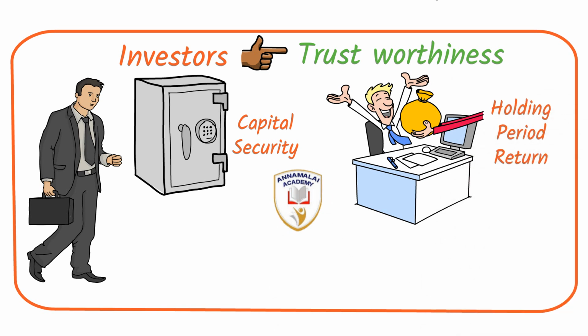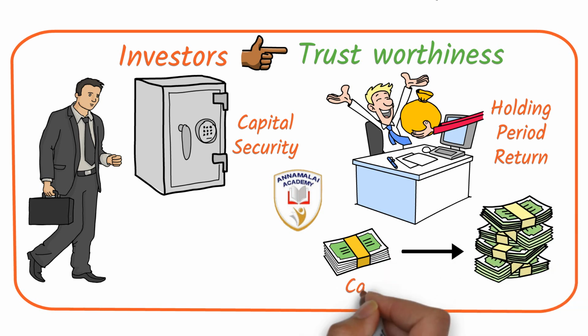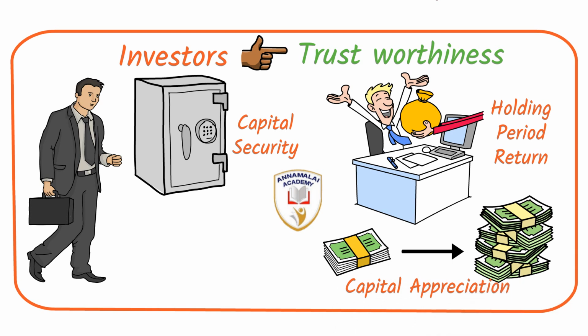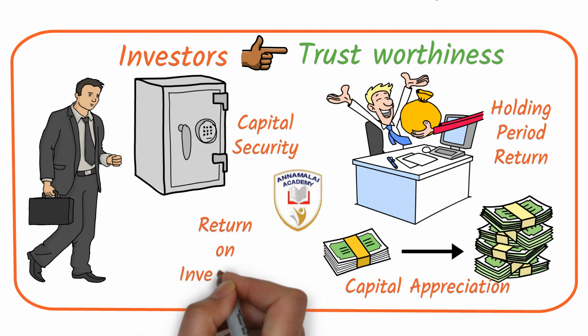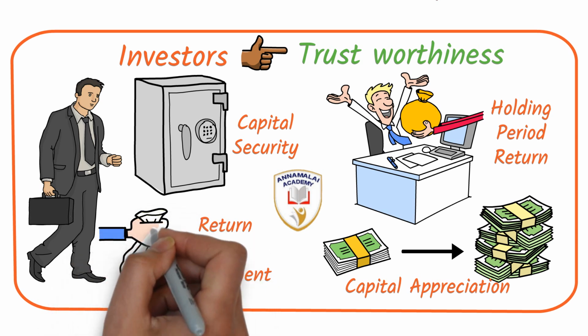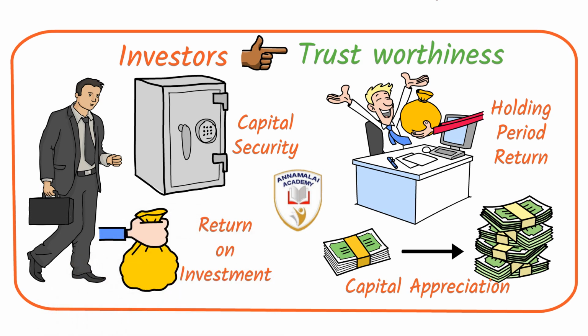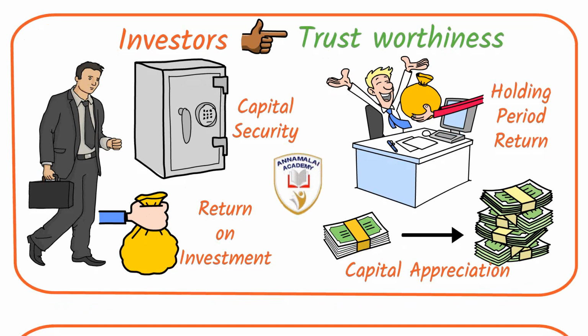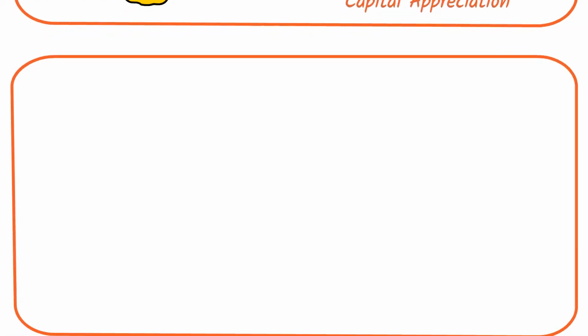Then capital appreciation. When will my investment double or triple? That is capital appreciation. The next expectation is what is the return on investments? I invest some money, whether it is growing at 10% or 25%, what is the return on investments that I get in an investment decision?